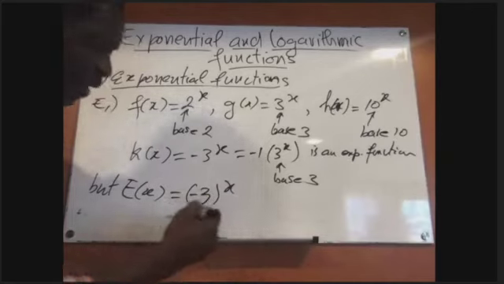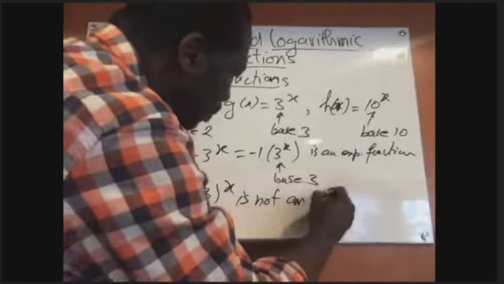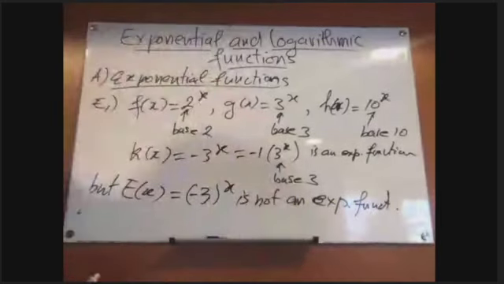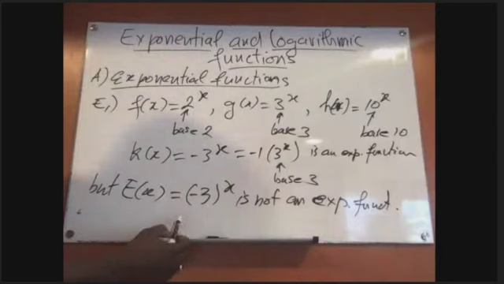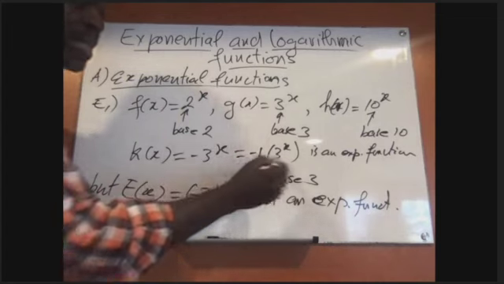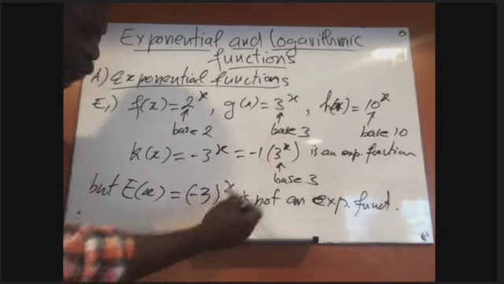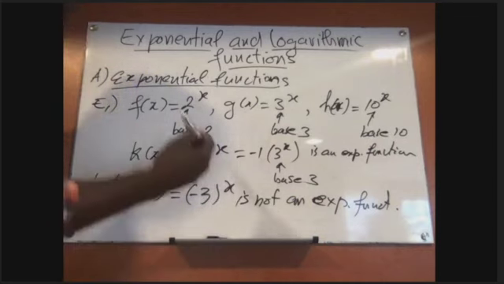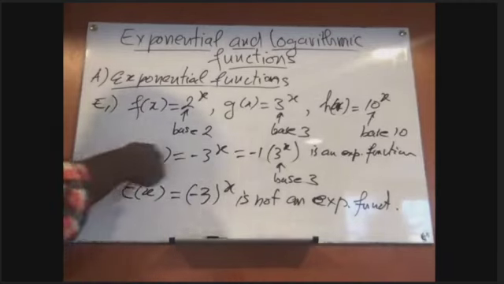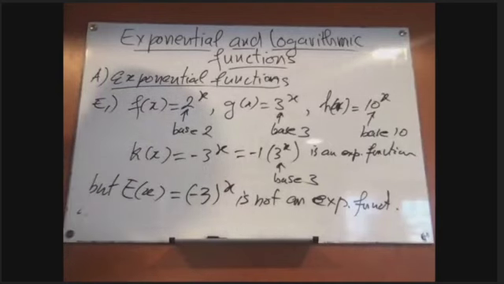So this is not an exponential function, because of the way the base is written. But this one is, because it's a negative 1 times 3 to the x. Do you see the difference? Very important, students. The base here is still 3, not negative 3. Alexandra, you get that?